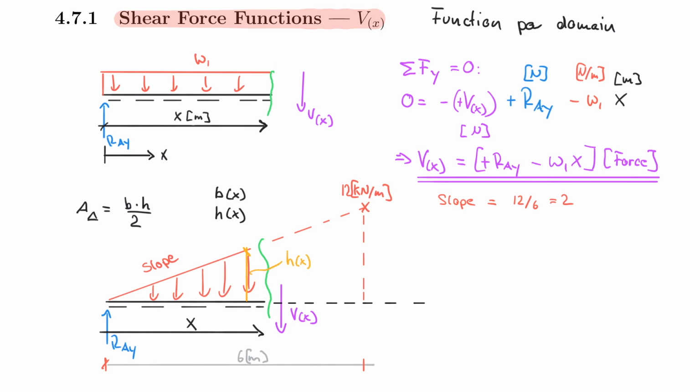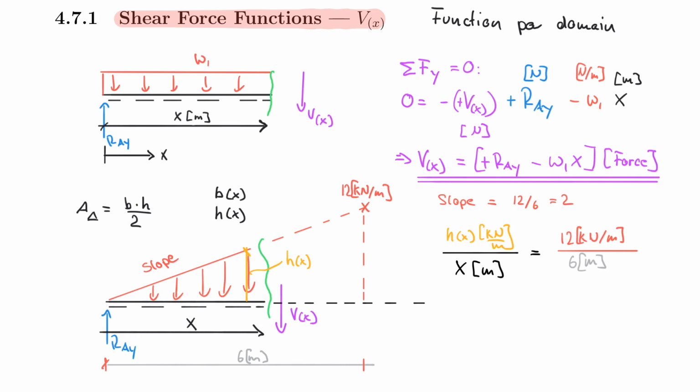And the best way to describe this so that the units really come out is I can say that the height as a function of x, which should also be in units of kilonewton per meter, corresponds to x in meters in a similar way as the 12 kilonewton per meter corresponds to the distance that is described by the 6 meters here.